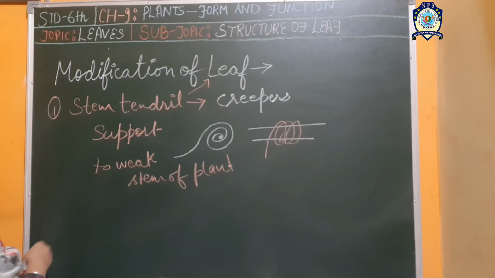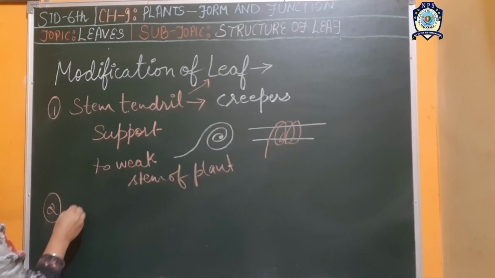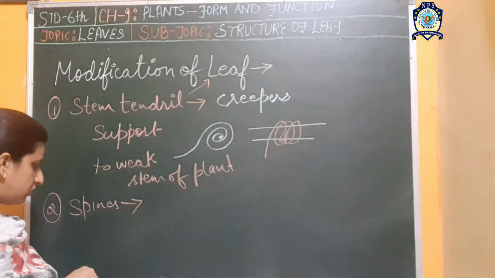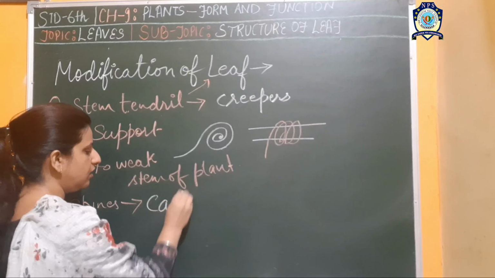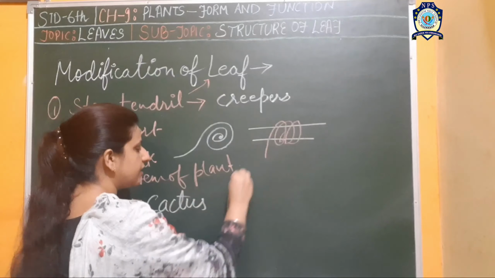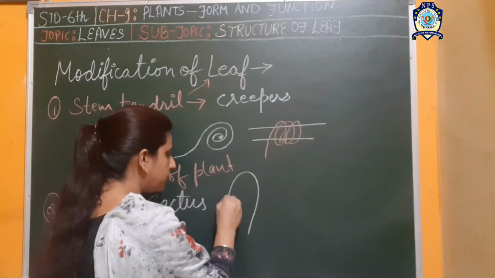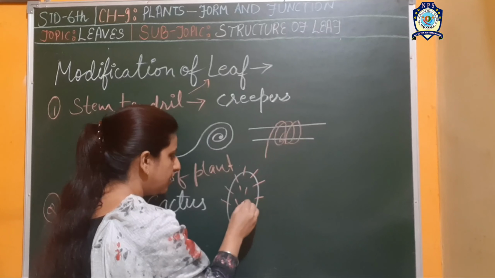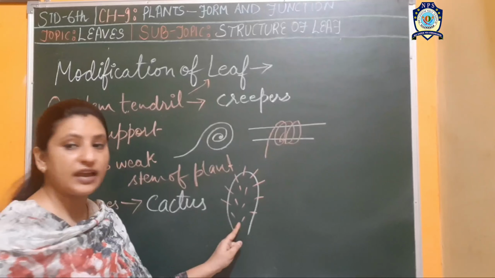Now the second modification is spines. In case of cactus, you might have seen that on the body of the cactus this type of spines are present, and these spines are what?